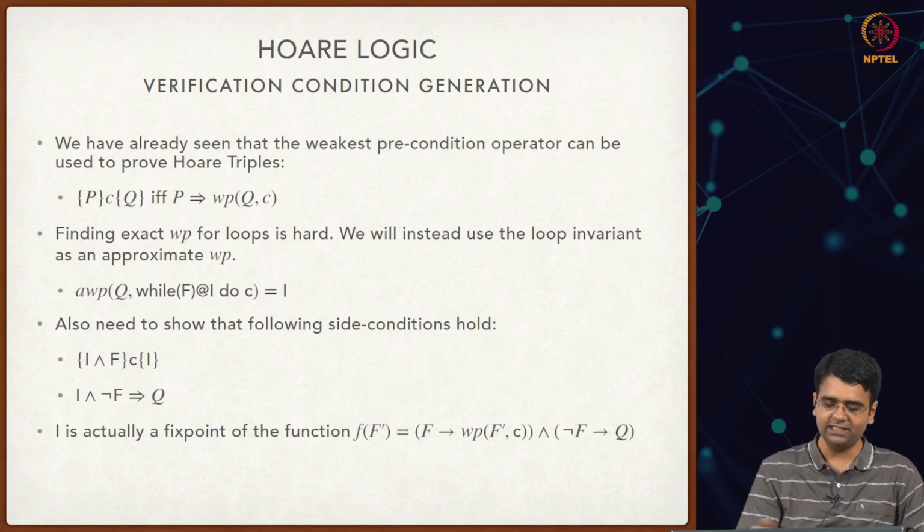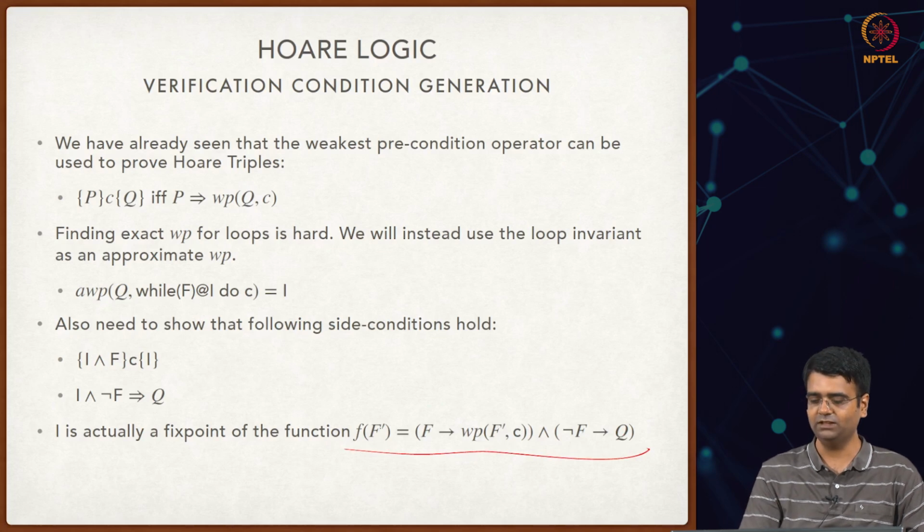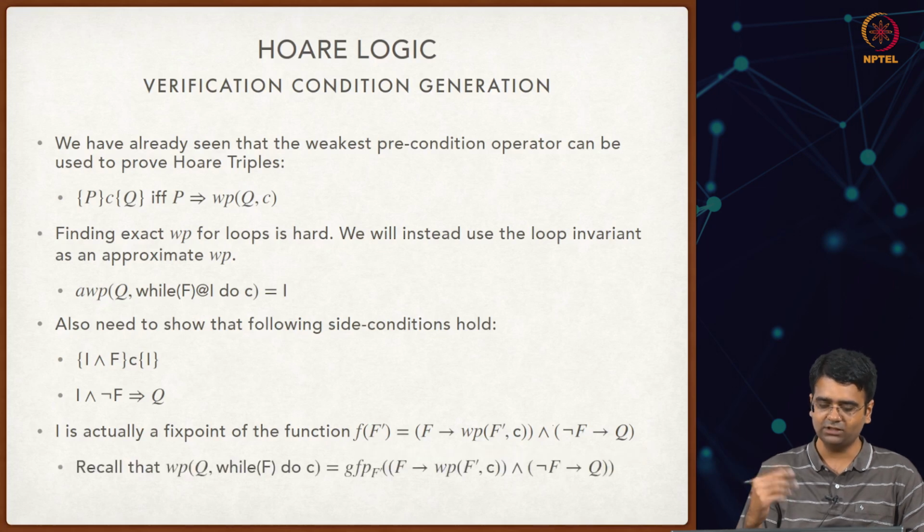So in fact, I is actually a fixed point of this function. Recall that when we defined the weakest precondition for while loops, we had come up with this particular function, and we said that the greatest fixed point of this function would be the weakest precondition. So I is actually a fixed point, but it's not the greatest fixed point.